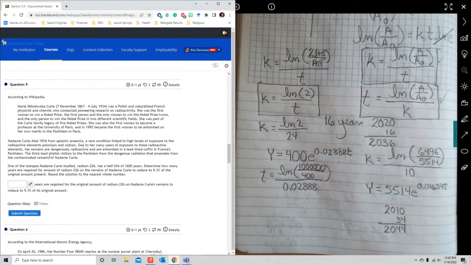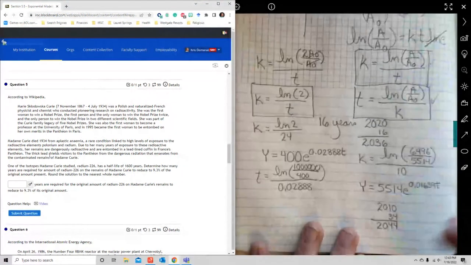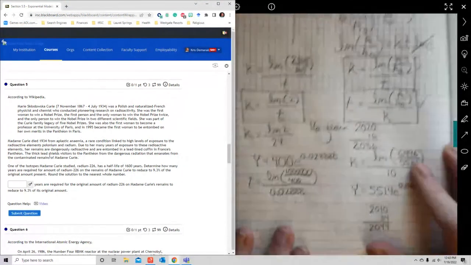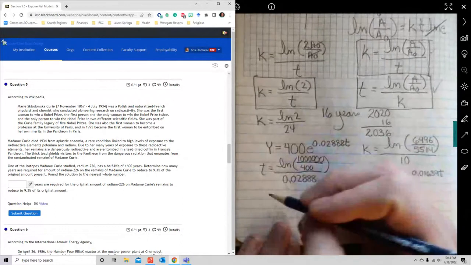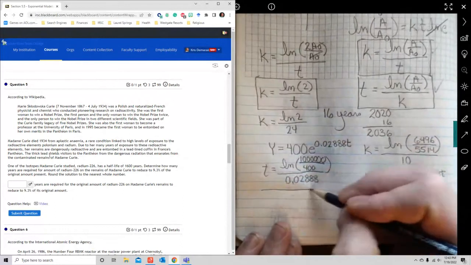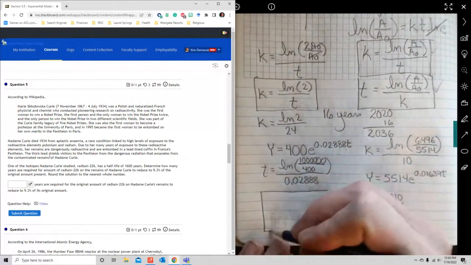The thing I'm looking at is that the half-life takes 1,600 years. Half-life means whatever's there initially, it's going to take 1,600 years to become half of what it was.